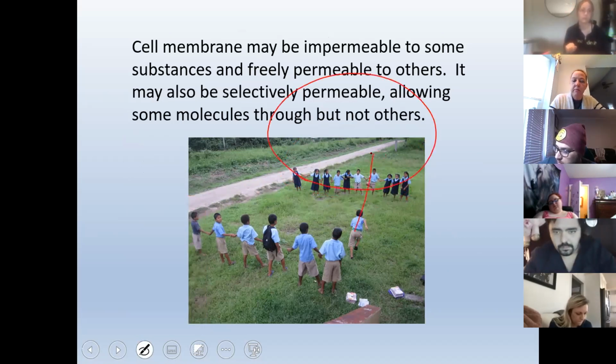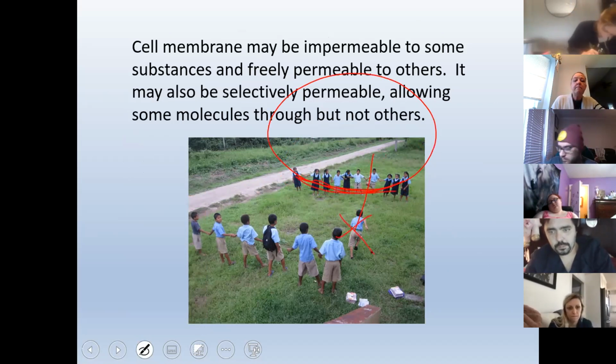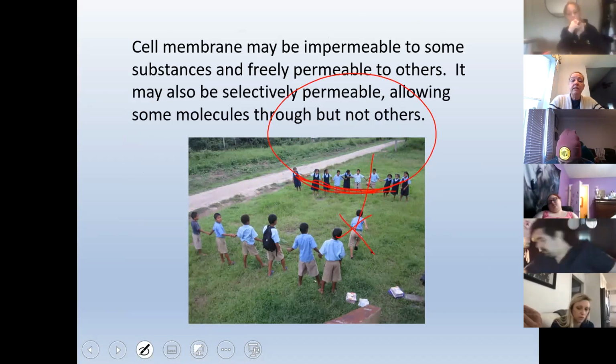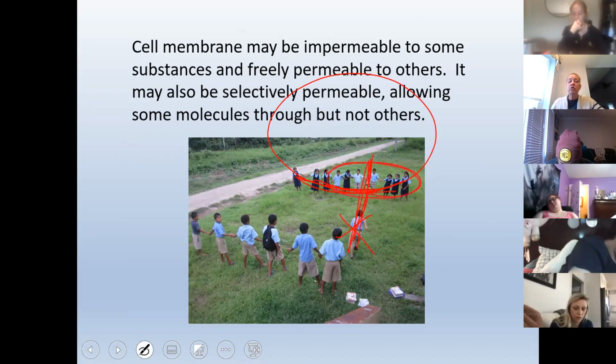So easily permeable. The second thing that could happen is that this does not allow it to penetrate, which would be impermeable. The third thing that could happen is this thing comes racing through, takes out a whole bunch of them, and the whole structure falls apart. That one is not optimal.